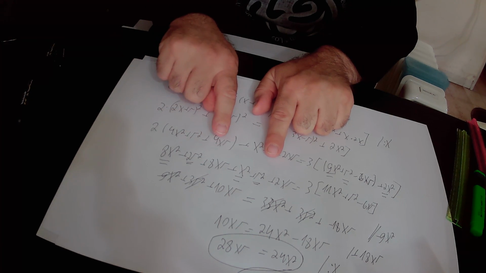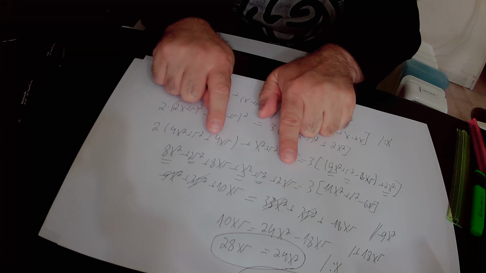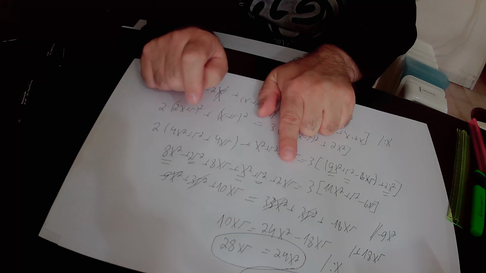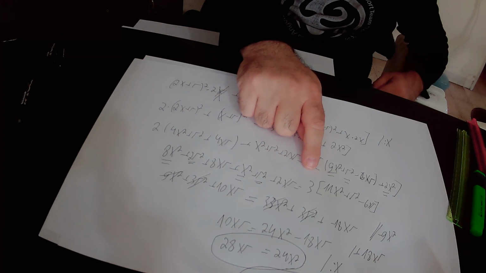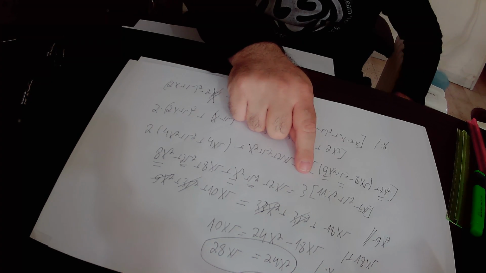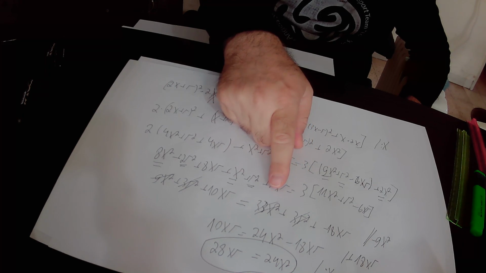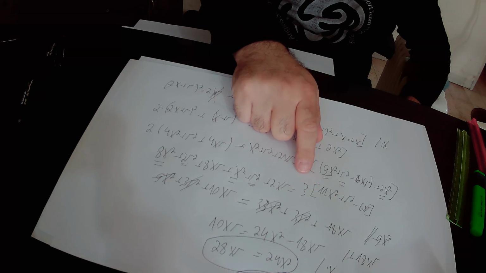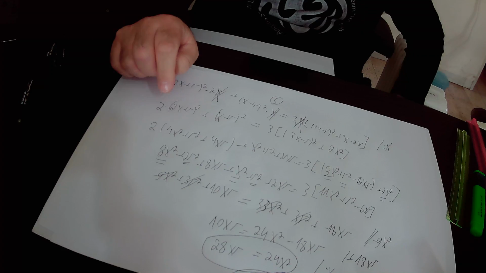And we have 2xr plus 8xr is 10xr. On the other side of the equation we opened the brackets. 3 times 11x squared is 33x squared. 3 times r squared is 3r squared. And 3 times minus 6xr is minus 18xr.